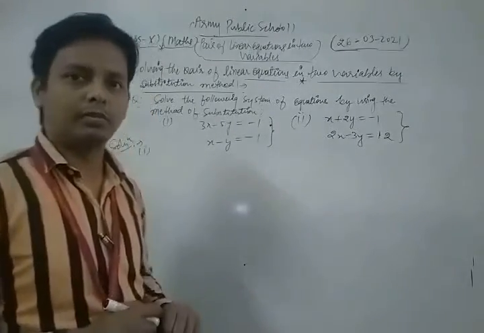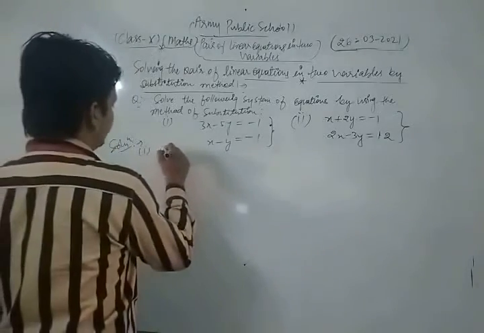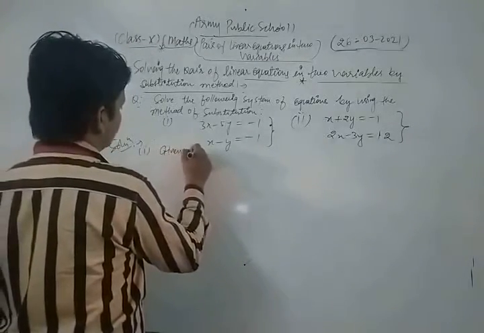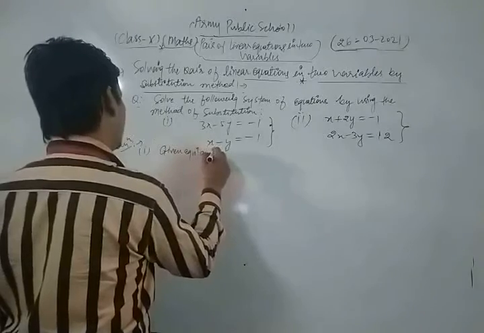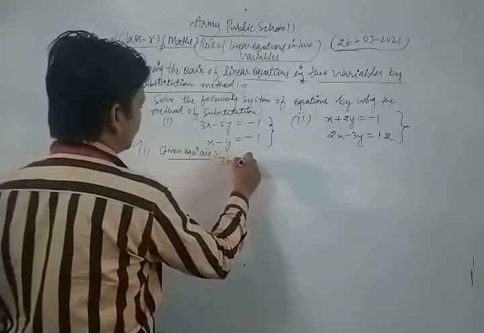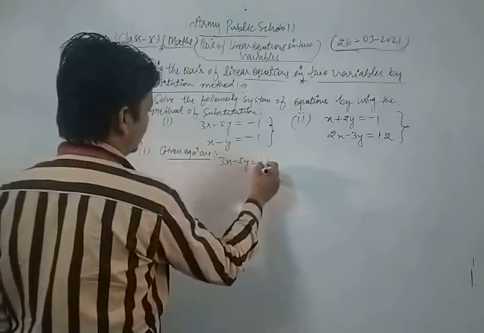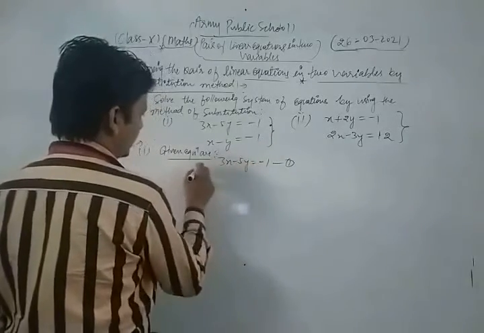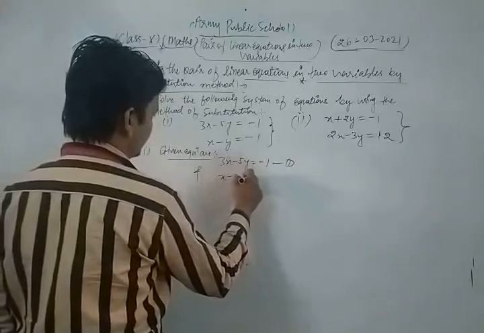Now we simplify. The given equations are 3x minus 5y is equal to minus 1, this is equation 1, and x minus y is equal to minus 1.